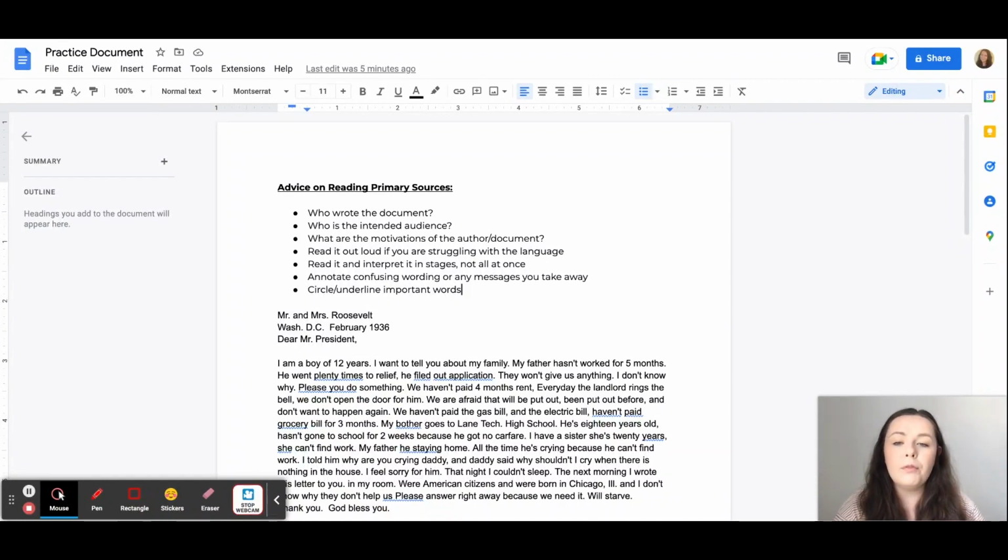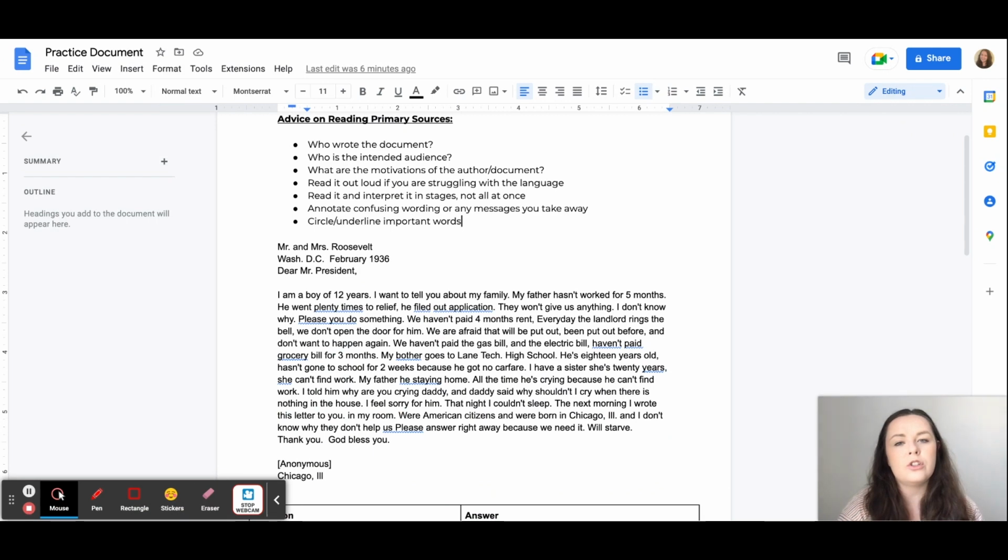A helpful thing to do is to think about who wrote the document, because that can help you to unpack what their motivations are and what they might say in the document. Along with that, think about who the intended audience is.